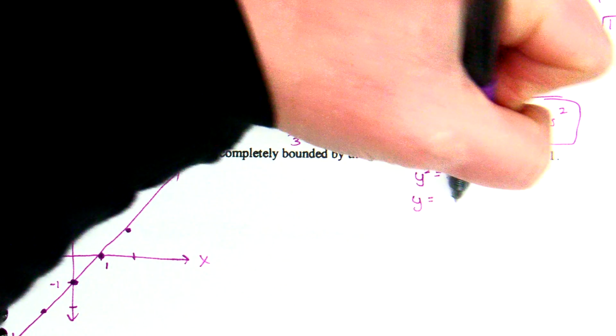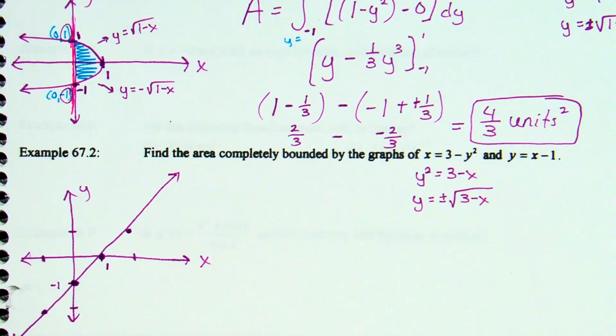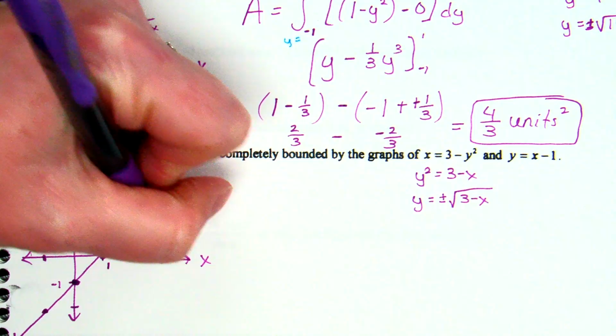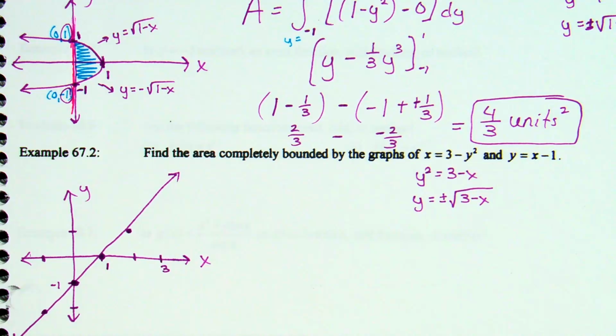If I square root it, y equals plus or minus the square root of 3 minus x. You got the picture? It's the parabola moved right 3, so it does go through 3, 0.